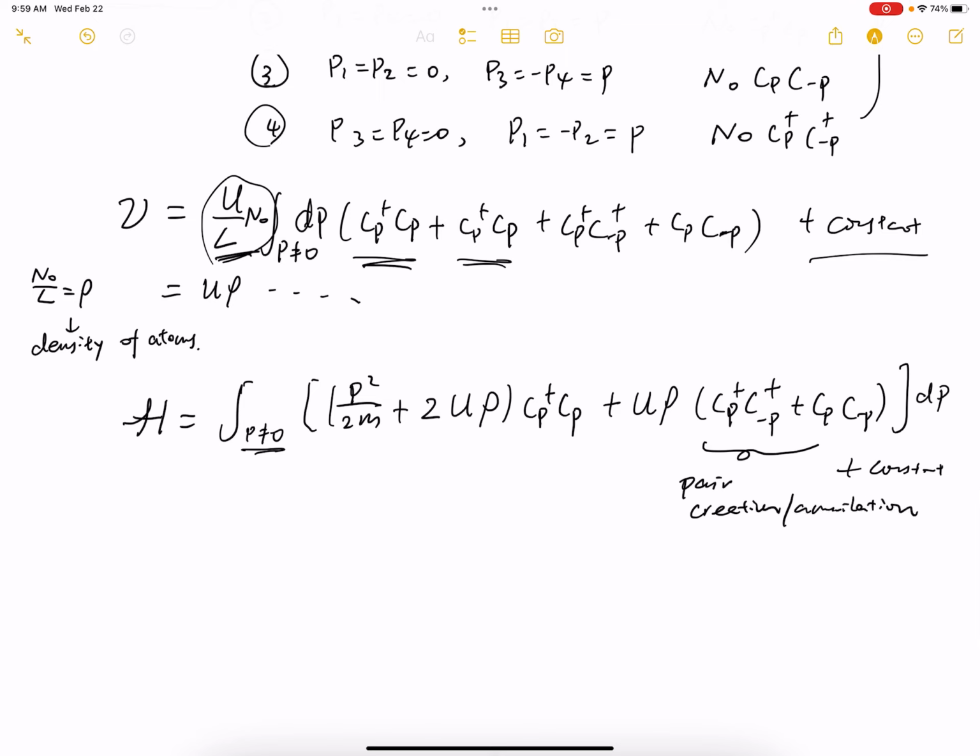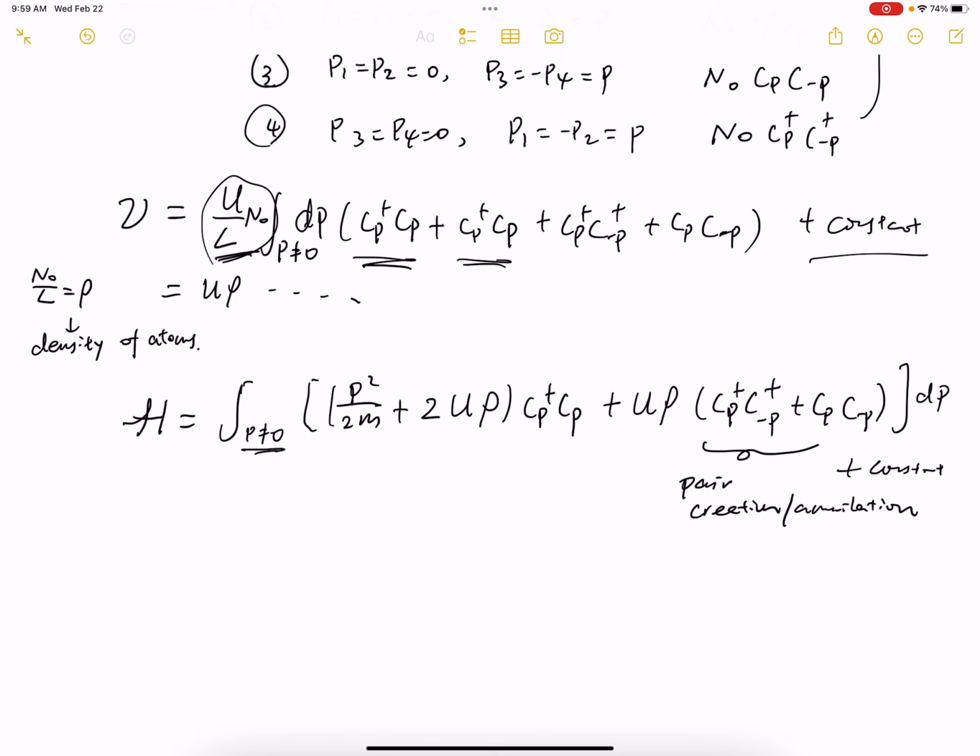And the reason they are in pairs is exactly because of momentum conservation. So you can remove two particles, but they have to have exactly opposite momentum. We can also create two particles. They have to have exactly opposite momentum just because momentum has to be conserved in the system. Right? And usually you wouldn't have that if you don't have interactions. So these pairing terms are actually a result of the interaction.